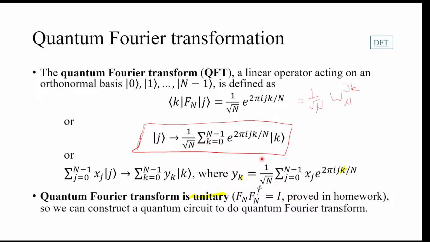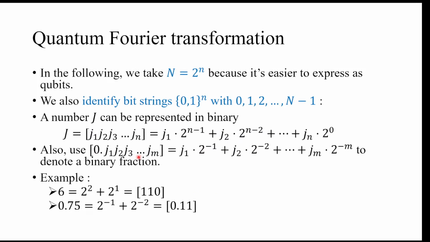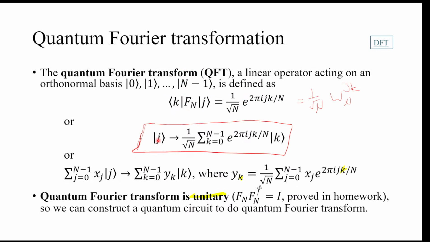So we have a j mapped to some k, and basically we want to do very careful bitwise, qubit by qubit, operations. So I want to put this j and k into binary representation, so we know how each qubit should be acted on.